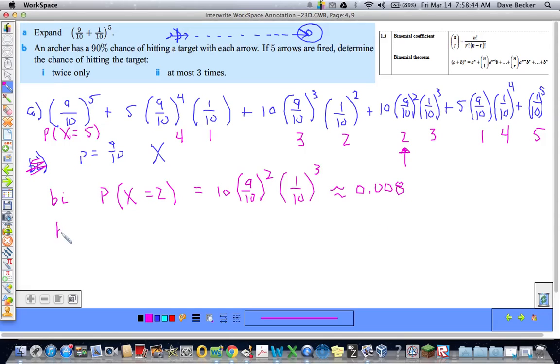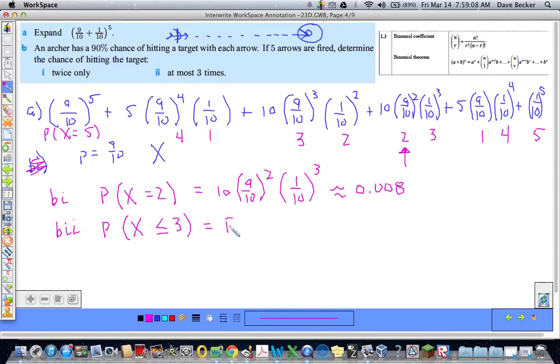Okay? So here, for the second one, at most 3 times. At most 3 times, so 3 is included. So that's the probability that our random variable X is less than or equal to 3. That is, you hit the target 3 times or less.